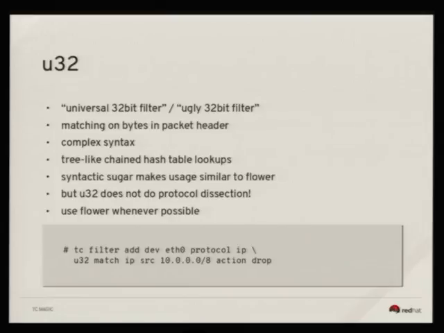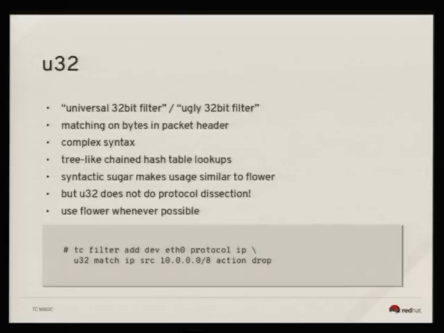U32 is another example of a filter. It's called the universal 32-bit filter. It got a nickname, ugly 32-bit filter. It can do similar stuff to flower, at least it would seem so at first sight. Yeah, I can match on IP address, source address. The problem is that U32 really translates internally to offsets. So this looks at a particular offset in the packet, and that's it. It does not understand protocols.